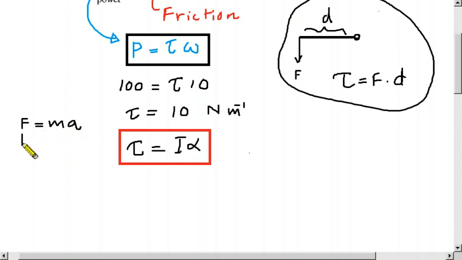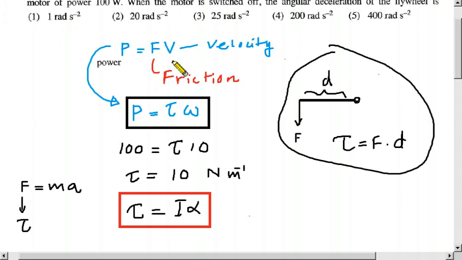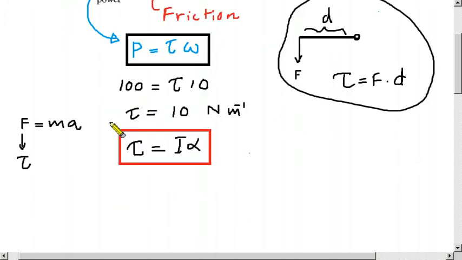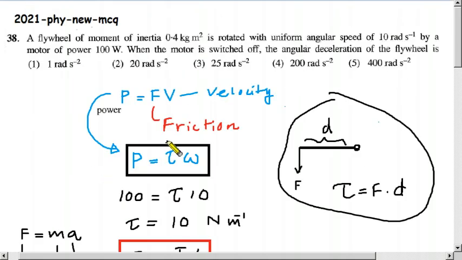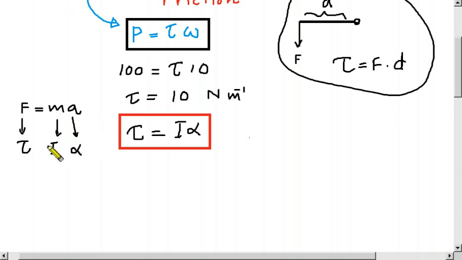So instead of F we write tau, here also we did the same thing. Instead of m we write moment of inertia I. Instead of acceleration a, we write alpha, angular acceleration or deceleration. That way you get this equation. You don't have to derive these things.